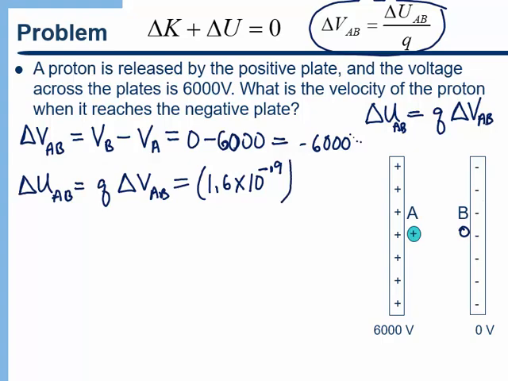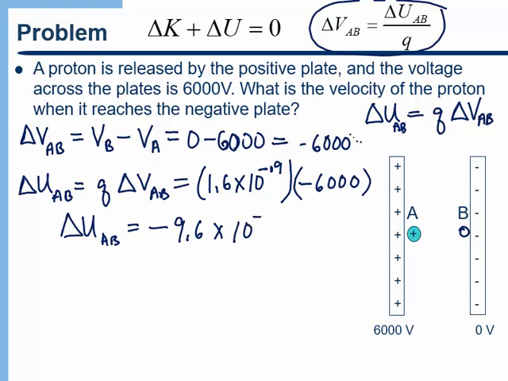And I multiply that by negative 6,000. So the change in potential energy is just negative 9.6 times 10 to the negative 16th joules.